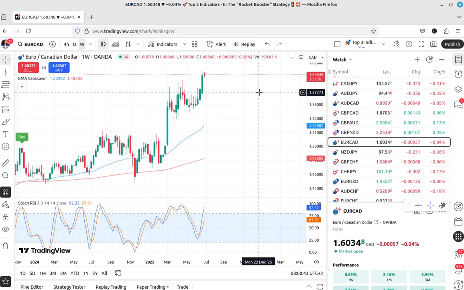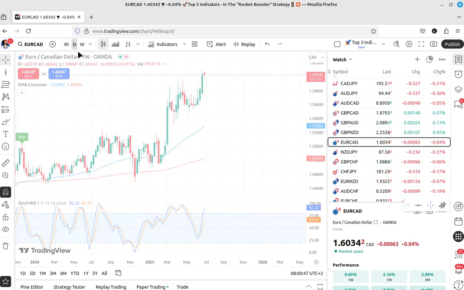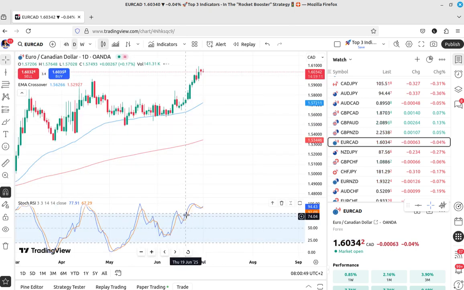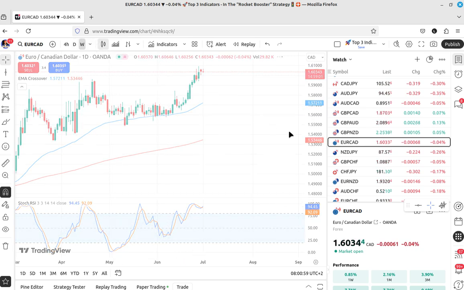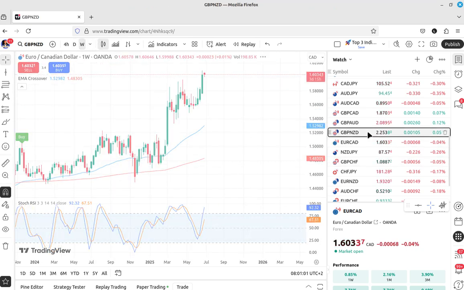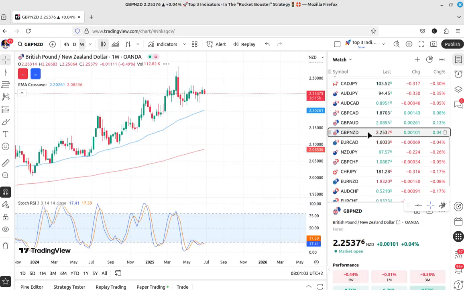Weekly breakouts are hard to catch. So with this one, I'll probably have to look for like a retracement. Ideally, if it was somewhere here. Alright, if it was somewhere here, that's when I would have given this weekly breakout a green light.